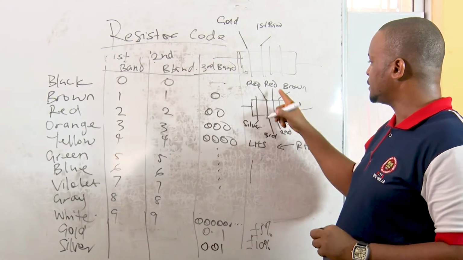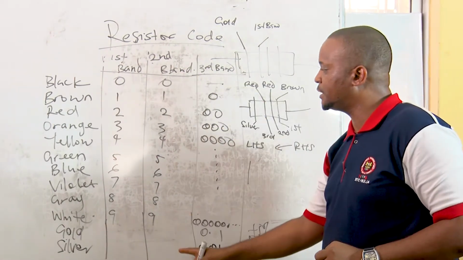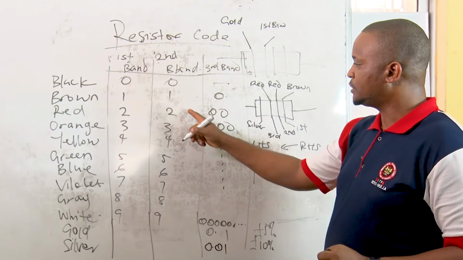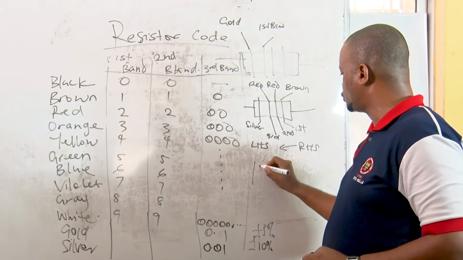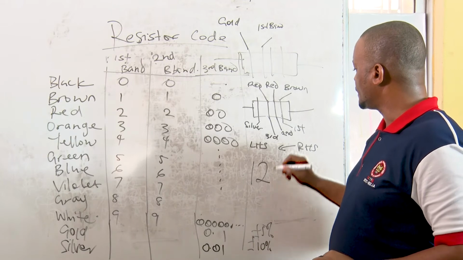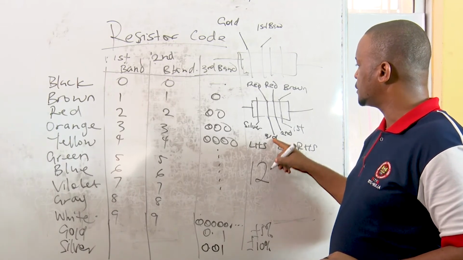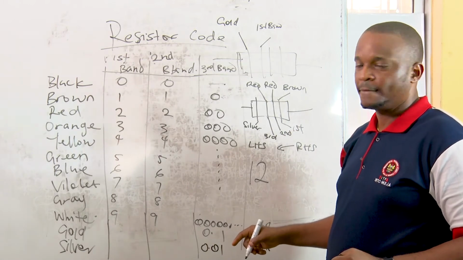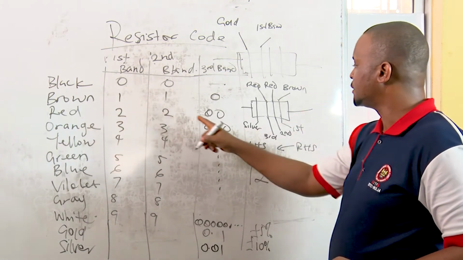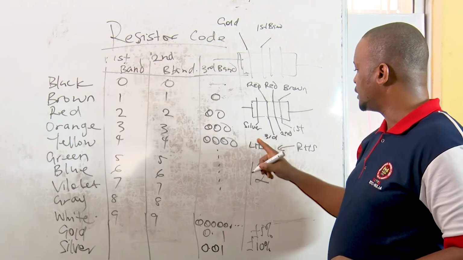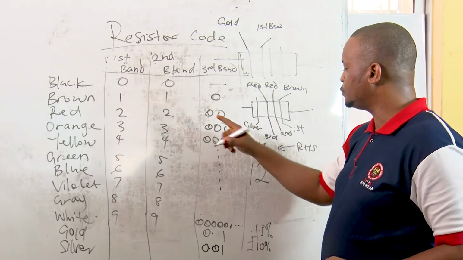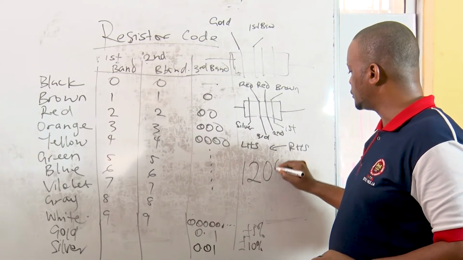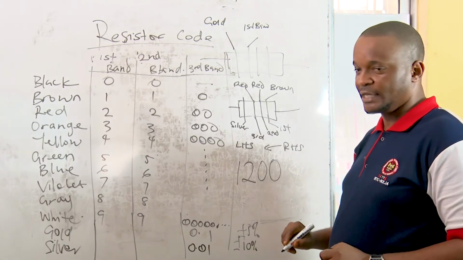On the second band, you have red. What is red on the second band? That is 2. You write 2. And the third band is what? Red. Remember, the third band is the multiplier. And since you know that red is 2, on the third band you just put 2 zeros behind it. And that is it.